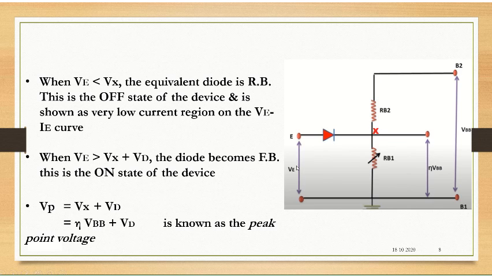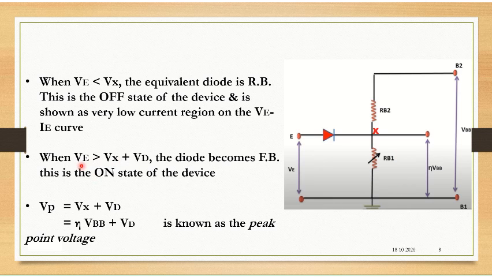Say for example, if VE crosses the potential, where the potential at this point is greater than the potential at this end, then the diode will be forward biased, which will allow the current to flow, right? So what is this condition? When VE is greater than Vx plus the drop across this diode, Vd, where Vx is our potential across this RB1.